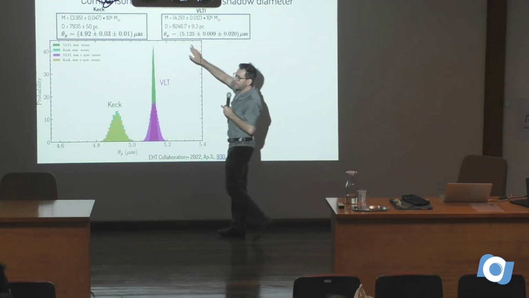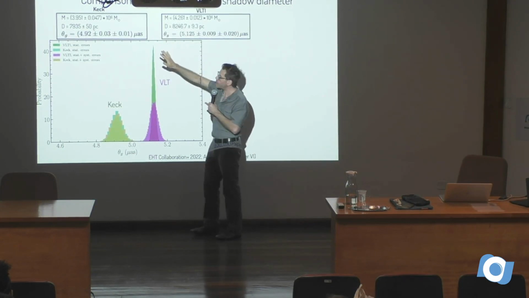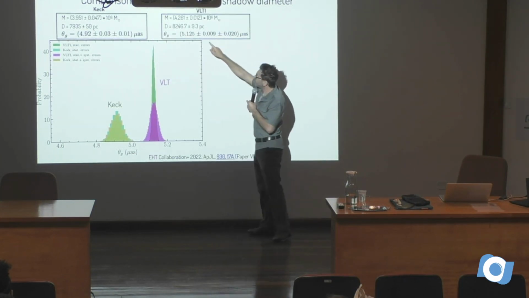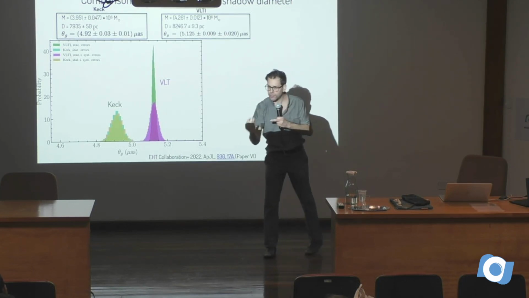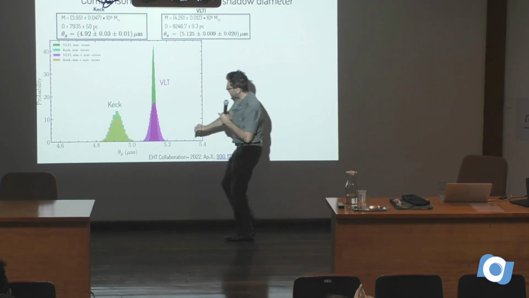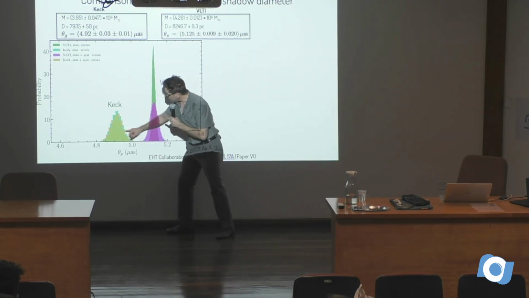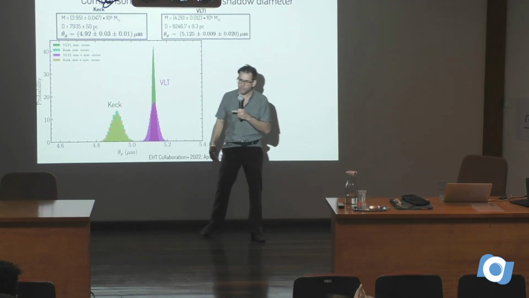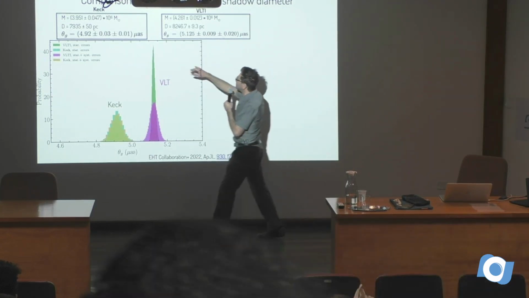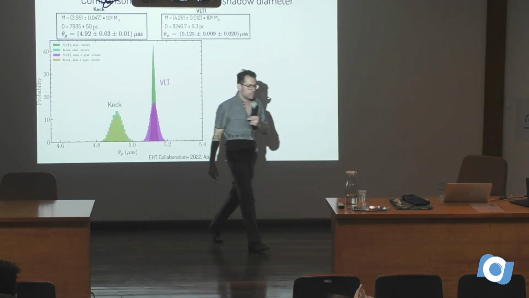So these are the latest values that we have, the mass and the distance from the two groups, Keck and VLTI. We can get their ratio, so we can get the angular size of the Schwarzschild radius. And it's something around 5 microarcseconds, right? There is a discrepancy of something like 7%, which is due to the fact that the two groups found a difference in mass and distance of about the same amount.